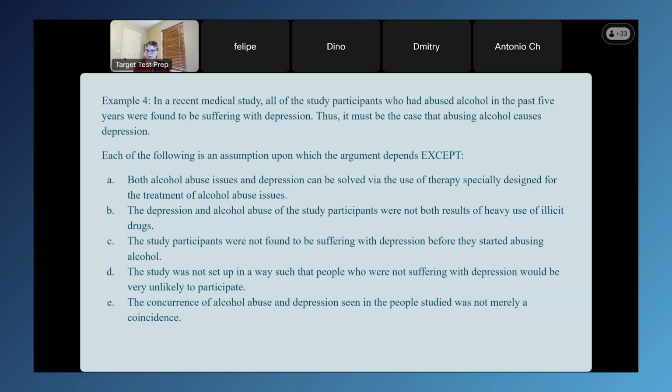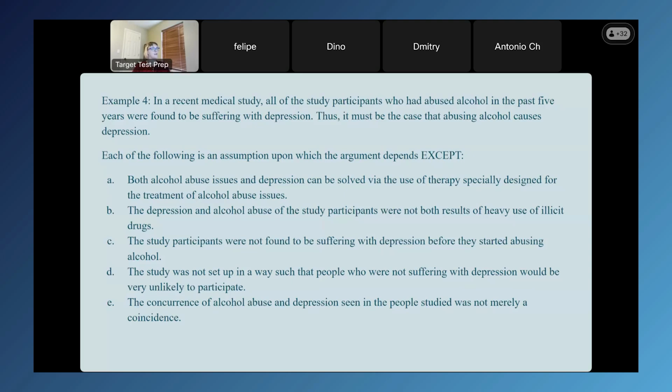Does that clarify A? And D, the study was not set up in a way such that people who were not suffering with depression would be very unlikely to participate. So they are taking this study and saying all of the study participants who had abused alcohol in the past 5 years were found to be suffering with depression. Say they had a study of 100 people and 10 people had abused alcohol in the past 5 years and all 10 of those people were depressed.